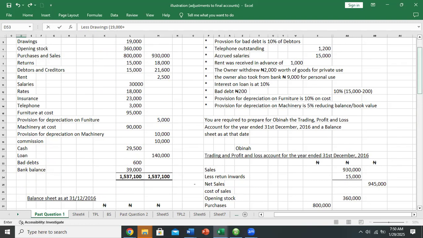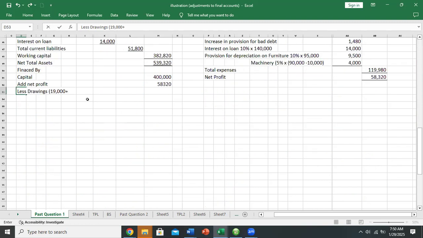We add that to the 19,000 already in the trial balance, and that will be 30,000. Okay. So that's the point where we say when the owner makes drawings, in the balance sheet, it's part of the drawings deducted from capital.